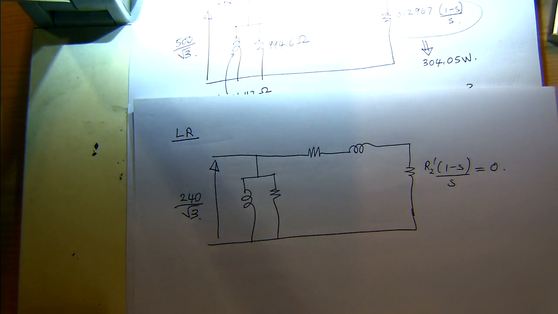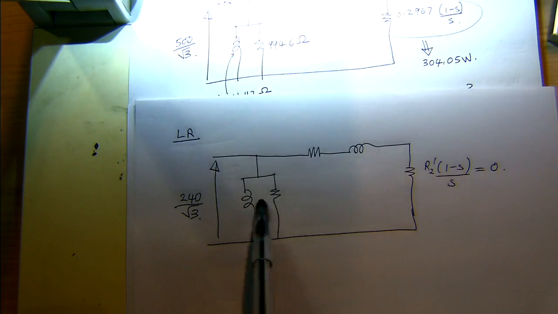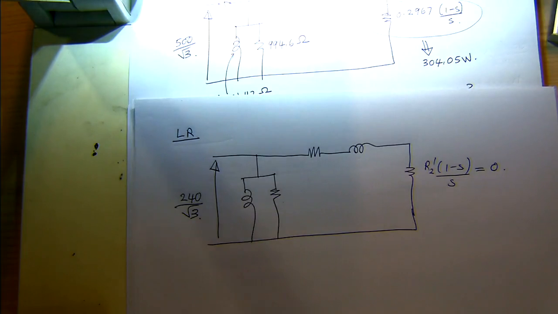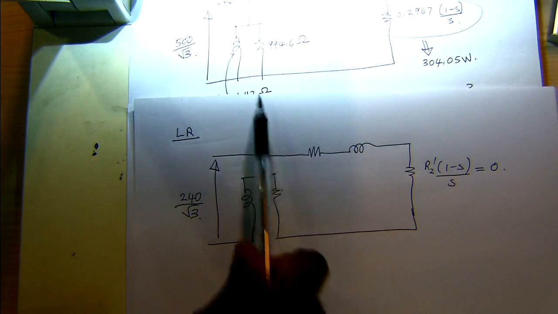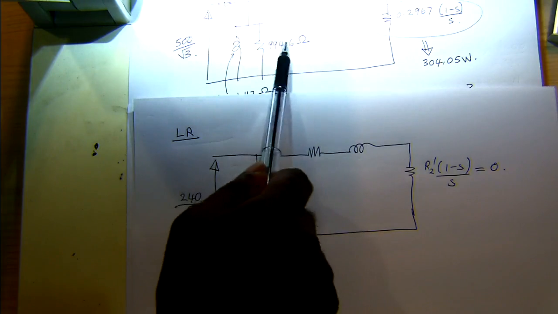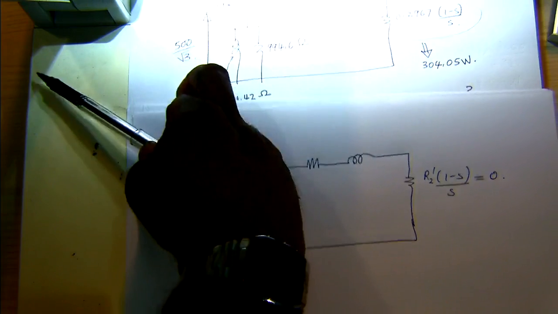One of the issues in induction machines is that compared with transformers, these elements are fairly low value. If you look at transformers, the values of these are really high and these are really small, but in this case it's fairly large.